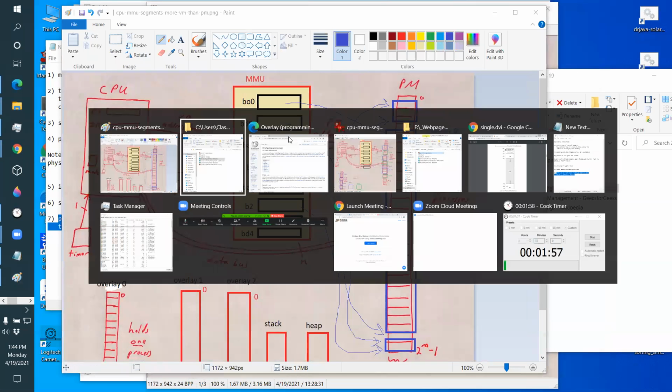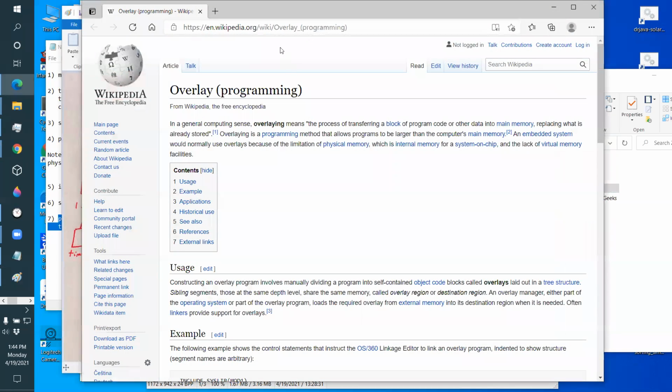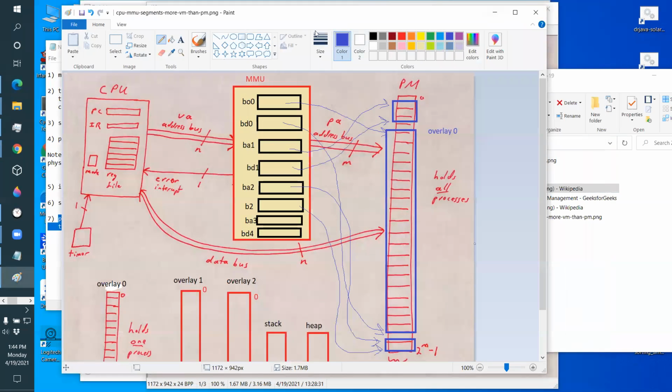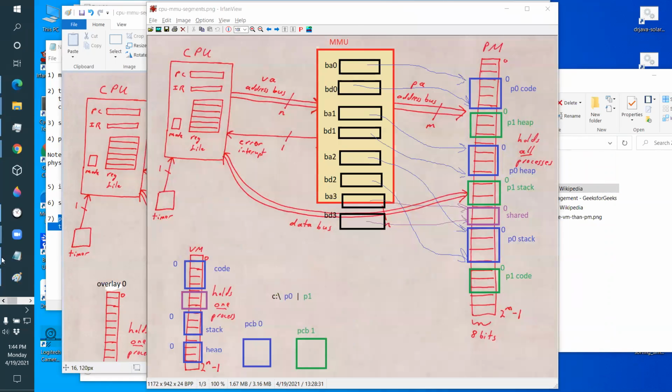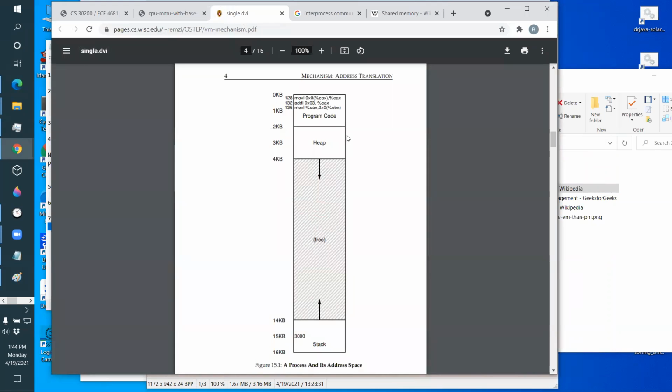It would be a lot harder to do this with only one pair of base and bounds registers. If you had only one base and bounds register, so that was this whole virtual memory space, you'd have to somehow overlay just this little chunk of this memory space. That would keep this in here, but that was programmatically much harder to do.